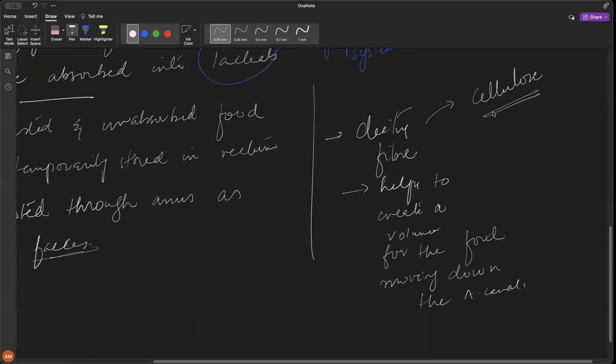If there is no mass and it is just liquid, it becomes difficult for peristalsis to effectively move food down to each of the stages. You understand? So it stays undigested, right?